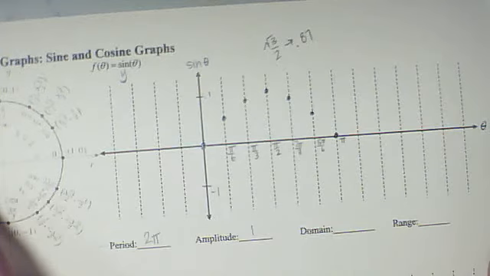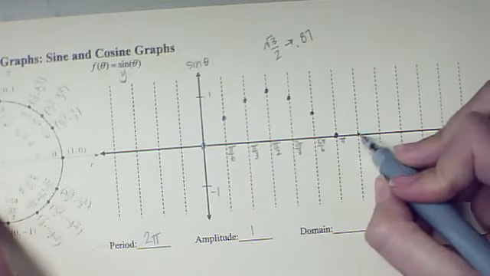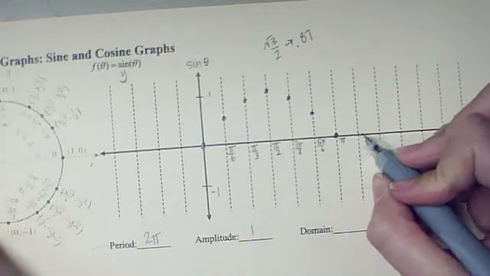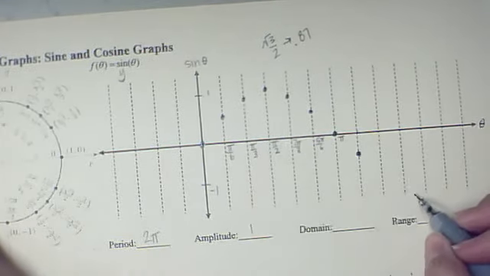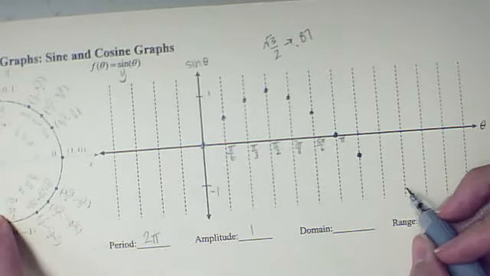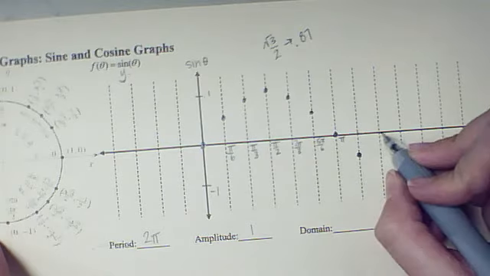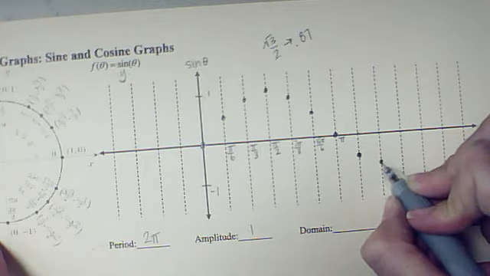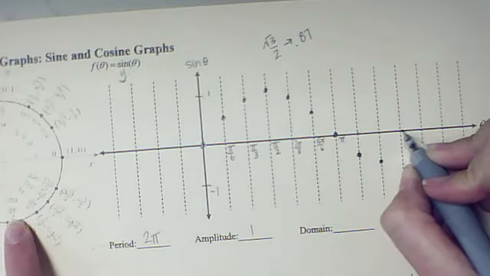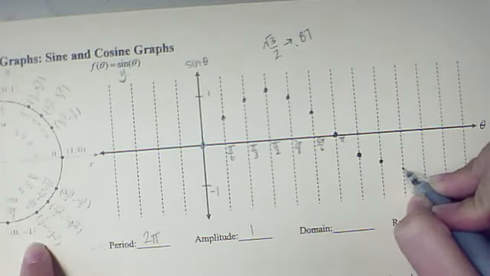Okay, let's continue to go by pi over 6s. I'm not going to label them all, but maybe it would be a good idea to count them out with you. The next one would be 7 pi over 6, and my value is -1/2. That's halfway down in the negative direction. At the next one, 4 pi over 3, my value would be negative square root of 3 over 2, which is -0.87. At 3 pi over 2, I'm at -1.